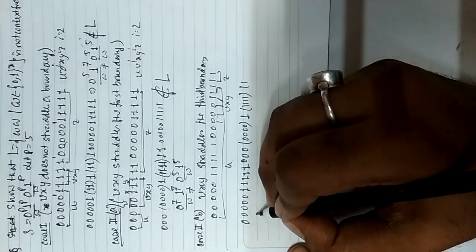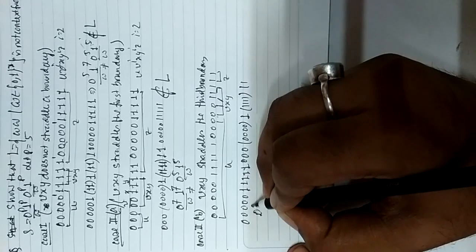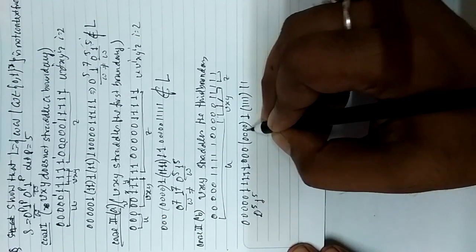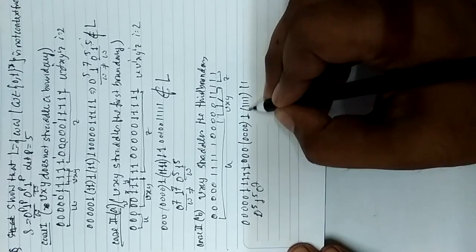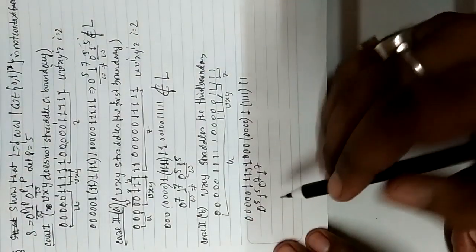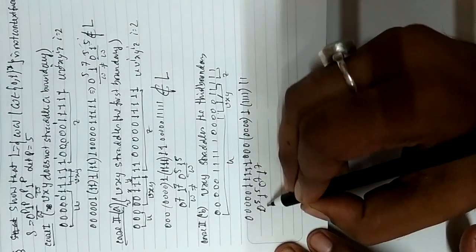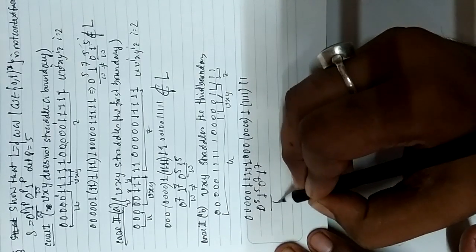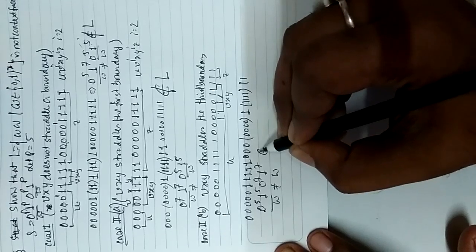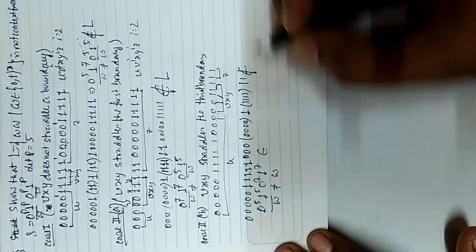So you will get 0 to the power 5, 1 to the power 5, 1 2 3 4 5 6 7, 0 to the power 7, 1 2 3 4 5 6 7, 1 to the power 7. What we see is that this is 5, this omega does not match with this omega, so this particular given string does not belong to L.